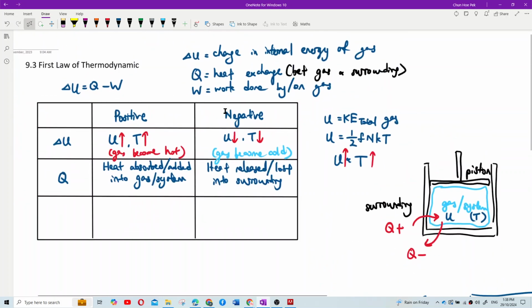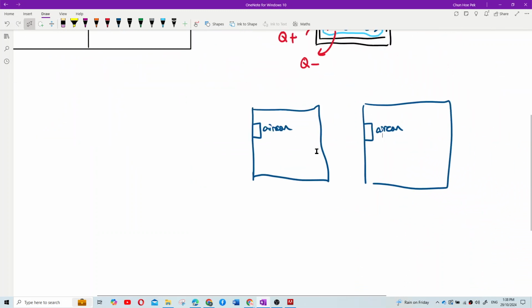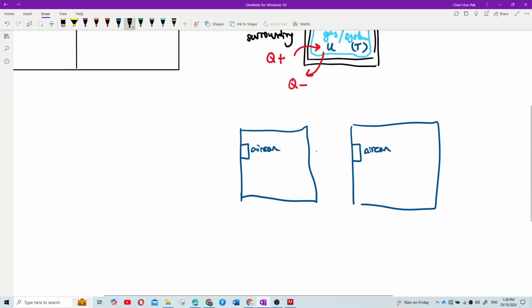Look at the formula: delta U equal to Q minus W. Let's say we don't want to talk about W yet. We just want to focus on these two, delta U and Q.